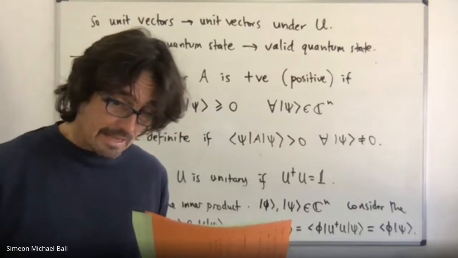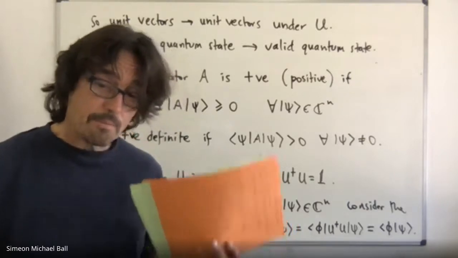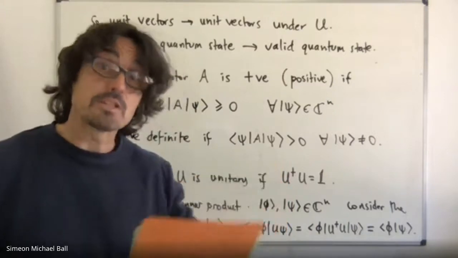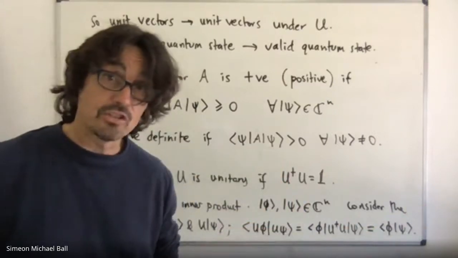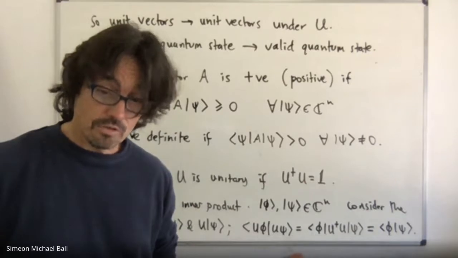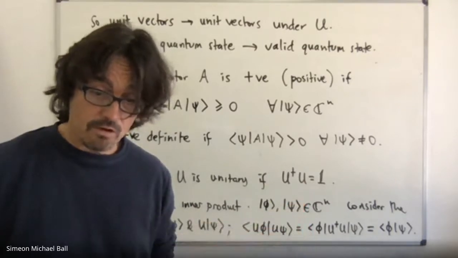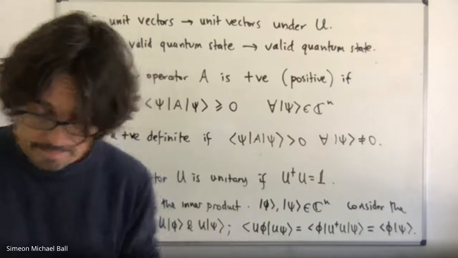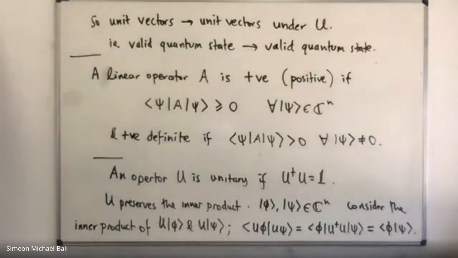And a positive operator has a spectral decomposition, has a diagonal representation in which all the eigenvalues are real and positive. So that's all left as an exercise, so we're going to go through that next Tuesday probably.